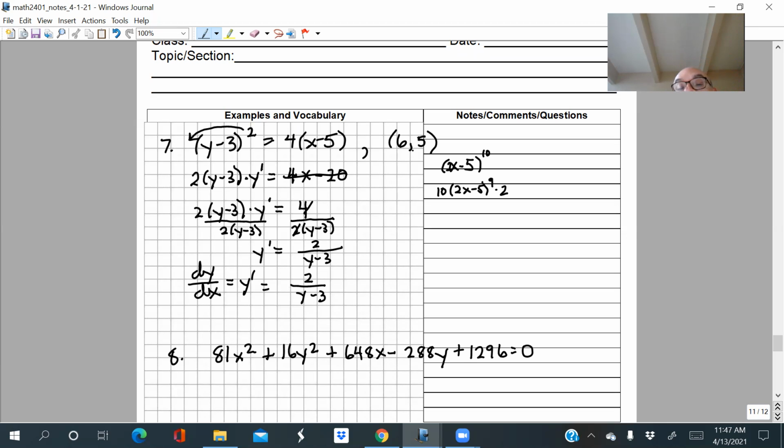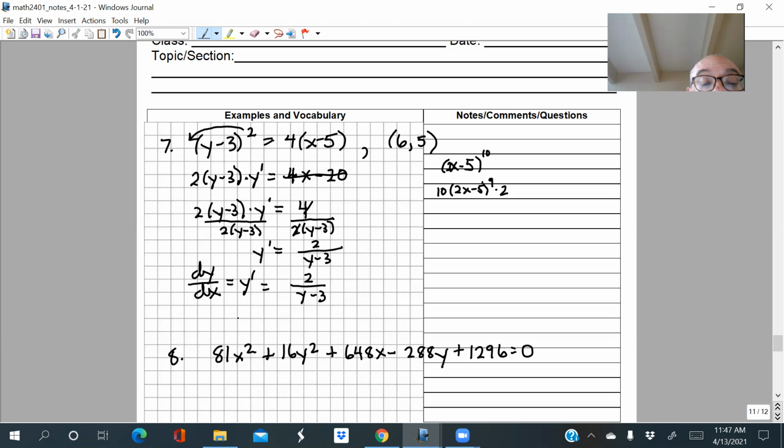So we need to know the slope of the tangent line at 6, 5. You use the derivative to find the slope. And the derivative says the slope is going to be 2 over whatever the y-coordinate of this point is, minus 3. Notice the x-coordinate doesn't have any impact in this case.